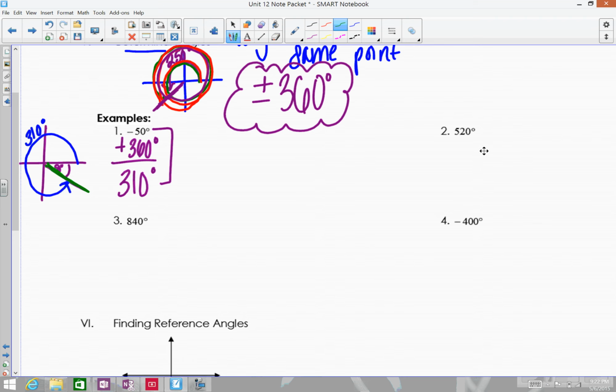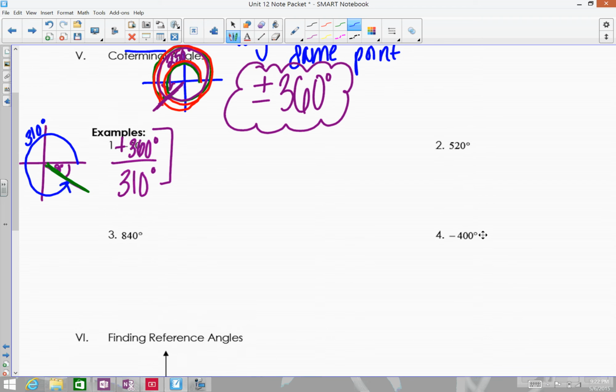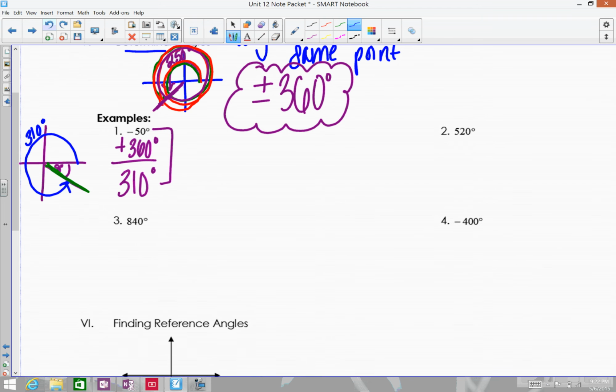Looking at another one, number 2 here. If I have 520, I'm going to go smaller with this. I could add 360 and go another time around the circle, but for numbers that are bigger than 360, I would subtract the 360 degrees, and you'll be able to see the angle a little bit easier.